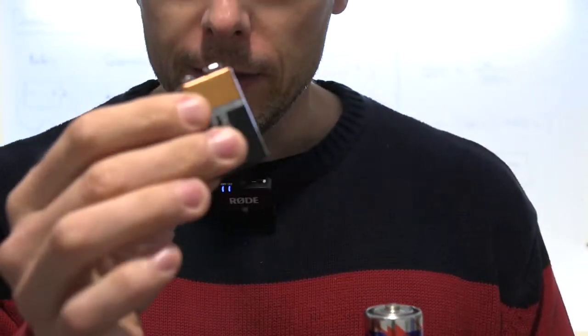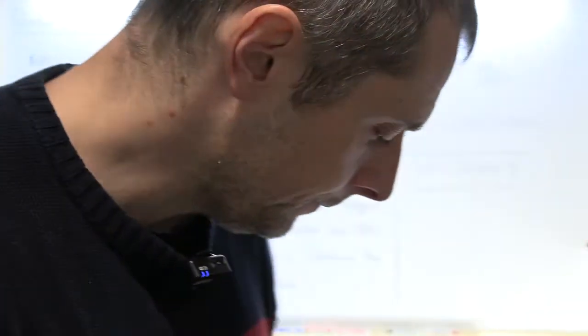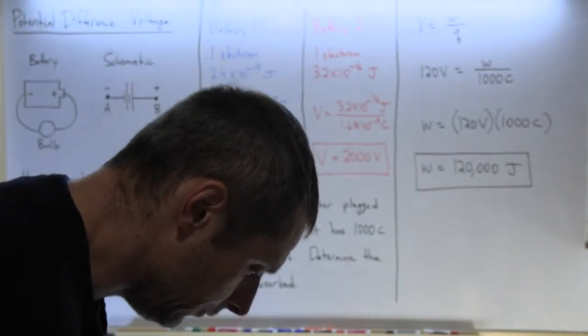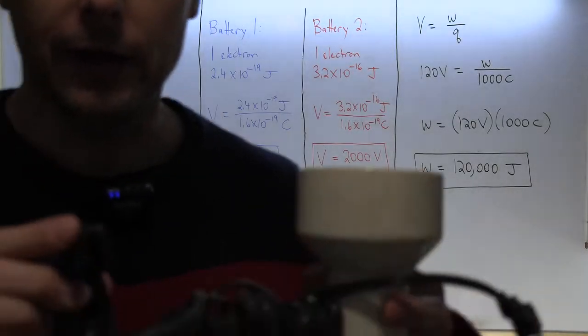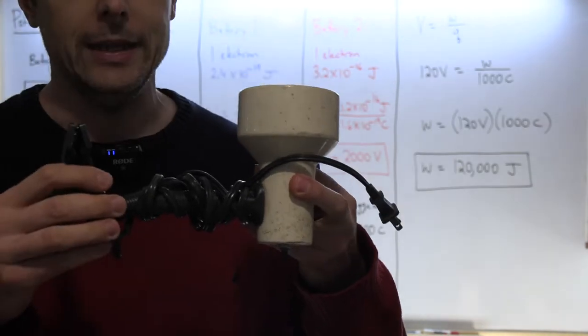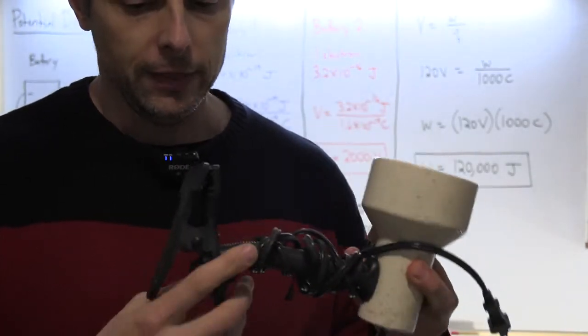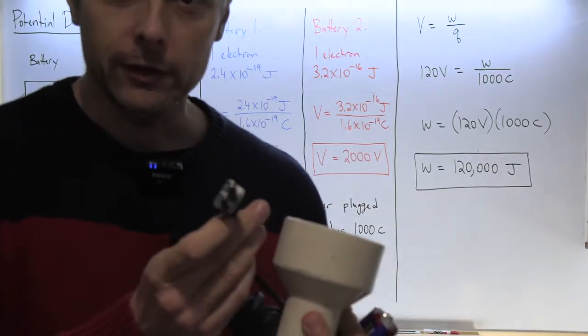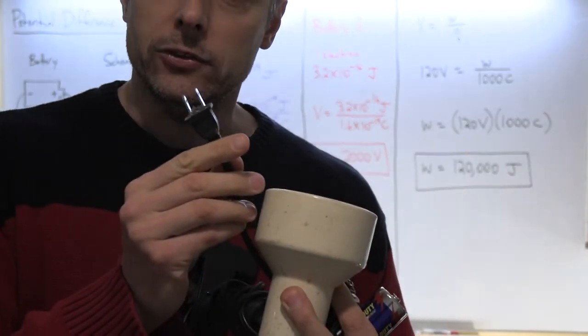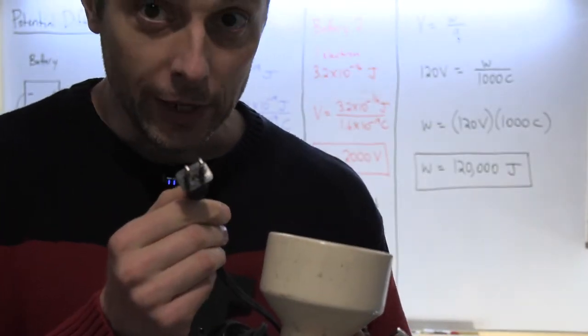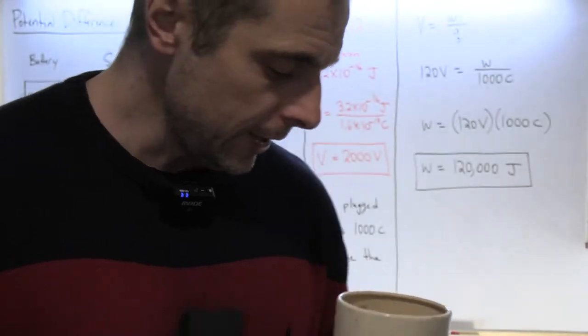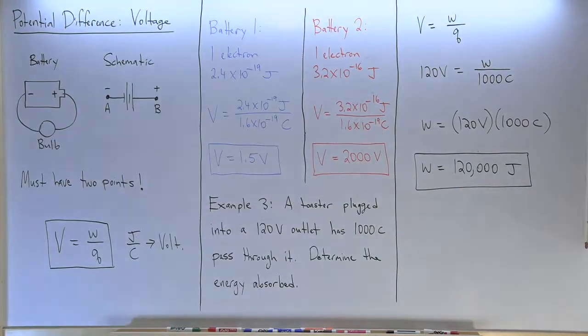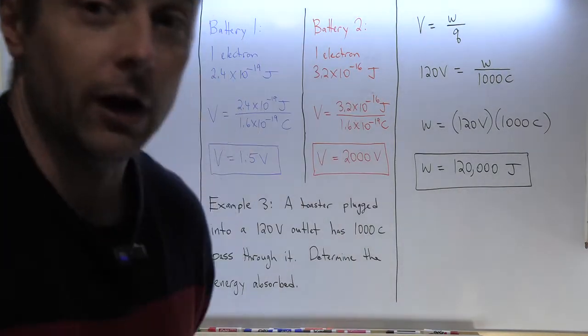And then you've got this 9-volt I mentioned, and some other voltages, like when you plug a lamp or any electrical appliance into the socket, which in the United States is 120 volts. Another voltage that you might be aware of is a car battery.